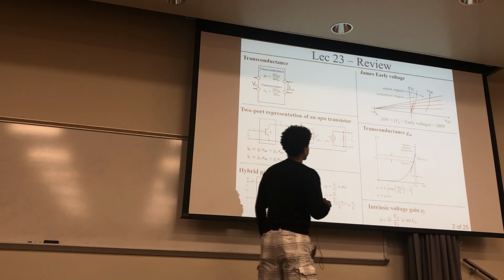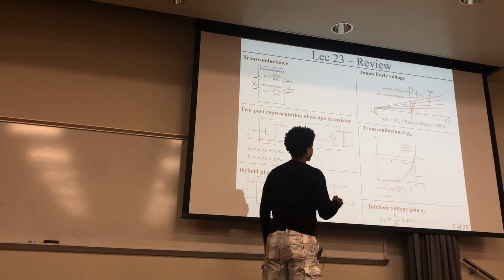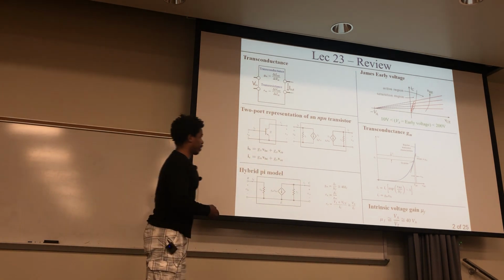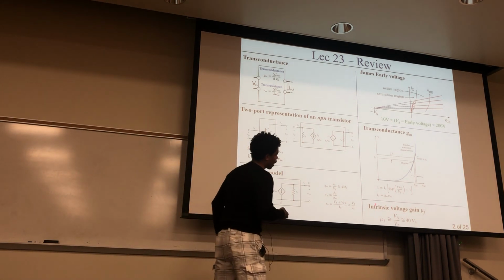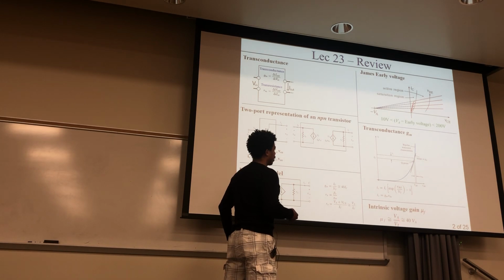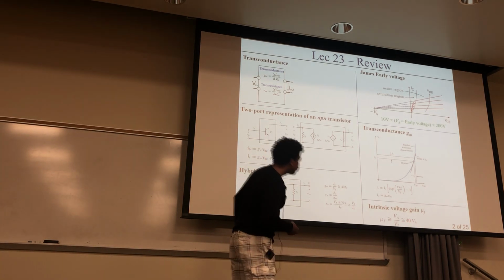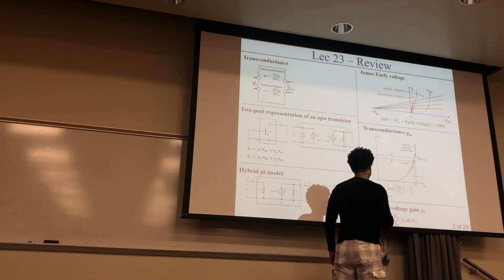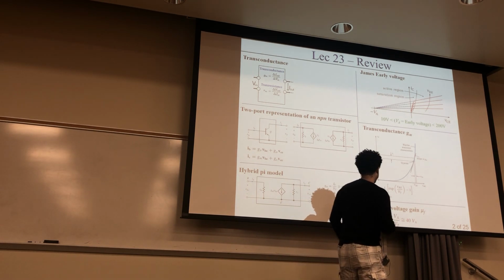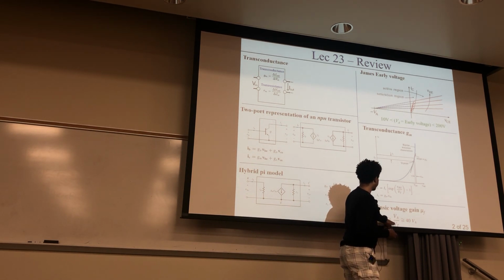We also looked at the Early voltage right here. If you extract all these out, they become VA. And from that, we were able to get the intrinsic voltage gain, which is your Early voltage over your thermal voltage, which was equal to 40. It's supposed to be 40. So this right here is 1 over 40, right?